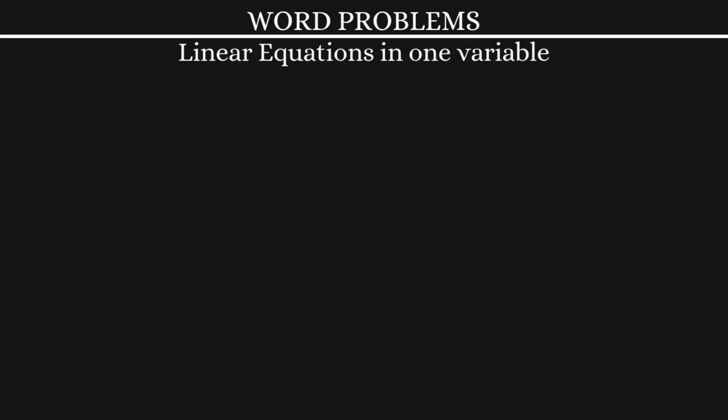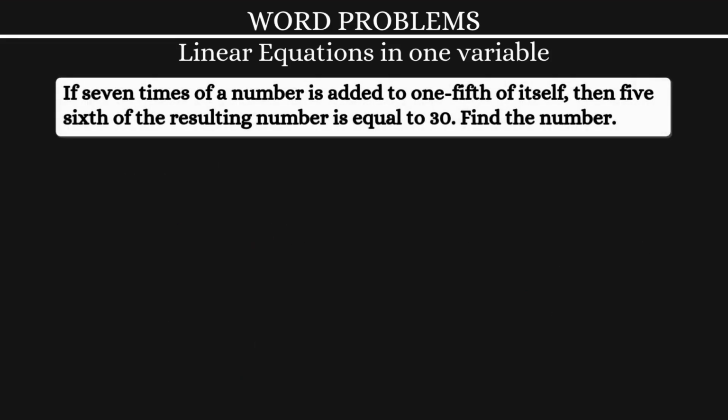Next question. If 7 times of a number is added to 1/5 of itself, then 5/6 of the resulting number is equal to 30. Find the number. Now, if you consider the number to be x, then 7 times of the number will be 7x, and 1/5 of it will be x by 5.